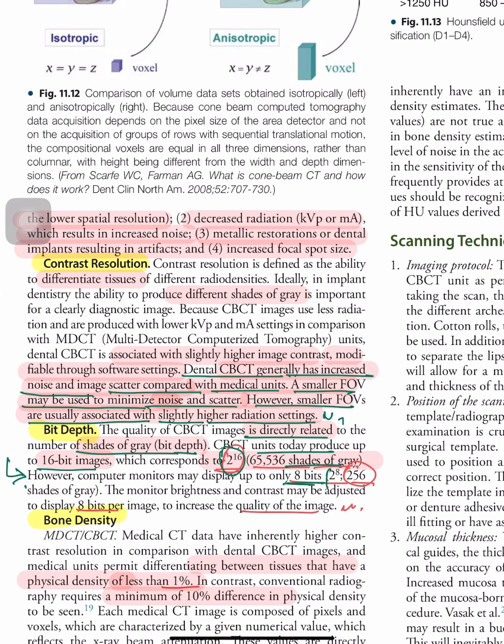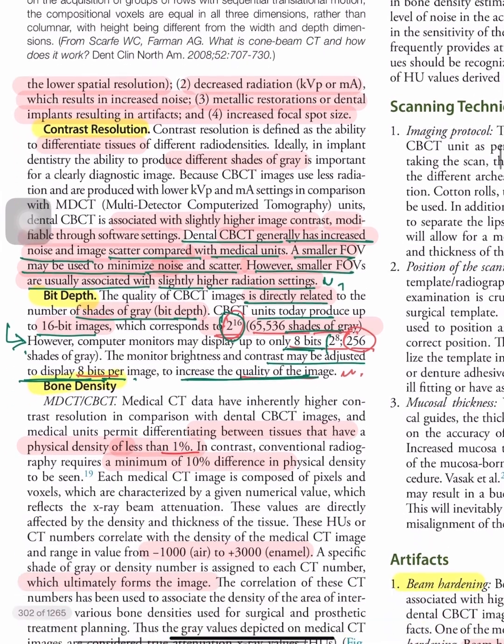The monitor brightness and contrast may then be adjusted to display 8 bits per image to increase the quality of the image. All these things I will show in the video demonstration while planning, how we adjust the contrast. I use two software: one is provided by Carestream and the other is Horos. I'll show on both the softwares.